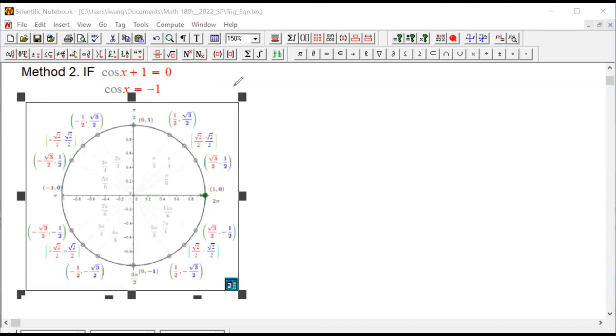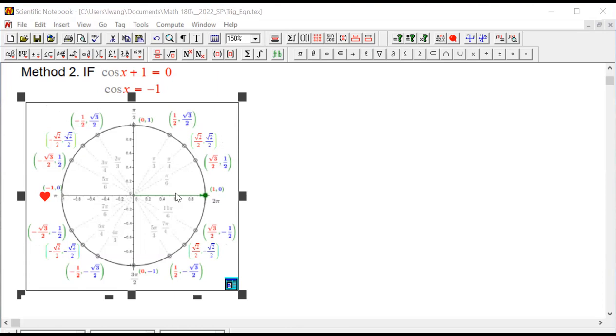The terminal is pi. So negative pi, positive pi, negative pi, positive pi, negative pi. And this is only one terminal that gives us a cosine of that angle equal to -1.